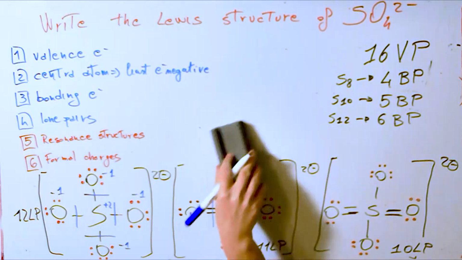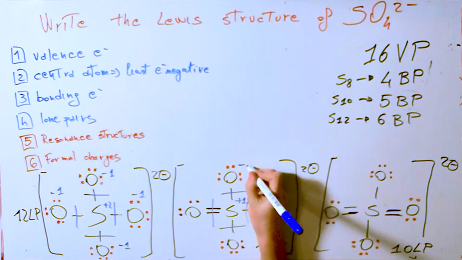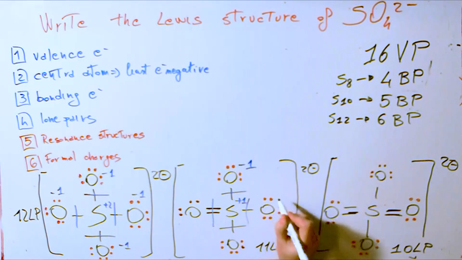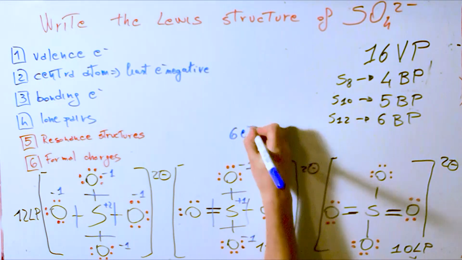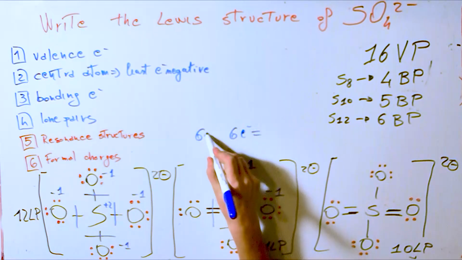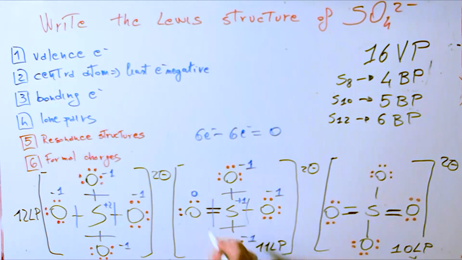For the oxygen with one bond, this situation is equal to the previous one, so we don't have to repeat it. It's minus 1 for the oxygen with one bond. Okay, the formal charge for this oxygen, we have to calculate it. So we have here 6 electrons around this oxygen. The valence electrons of oxygen is 6, so 6 minus 6 is 0.